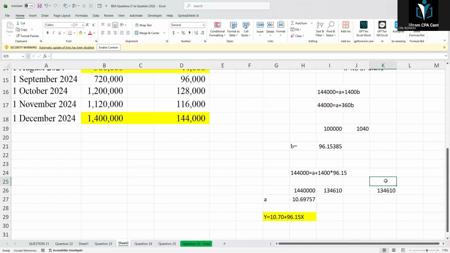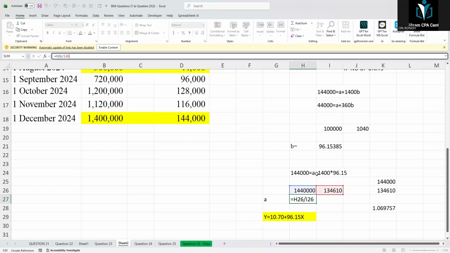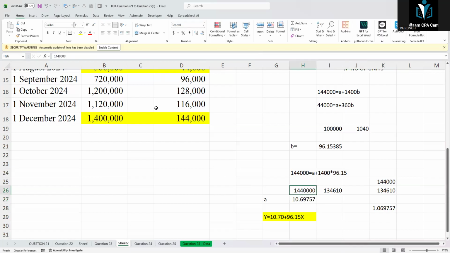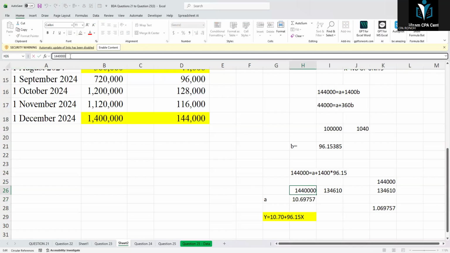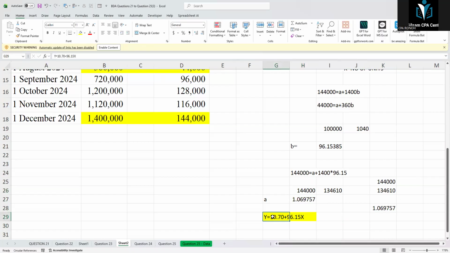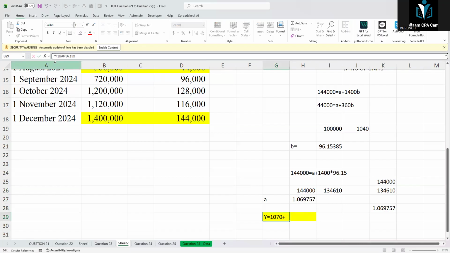That division, we have 144,000. Yes. So this divided by this. Oh, it should be 1. You added another 0 here instead of 144,000. So we should have 1.07.